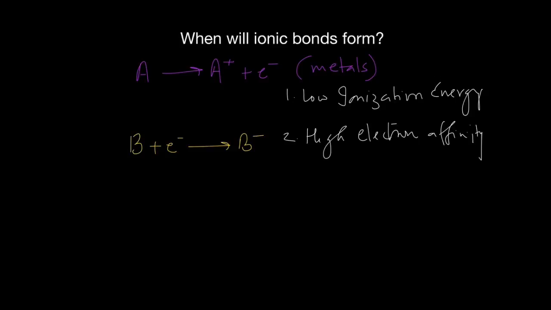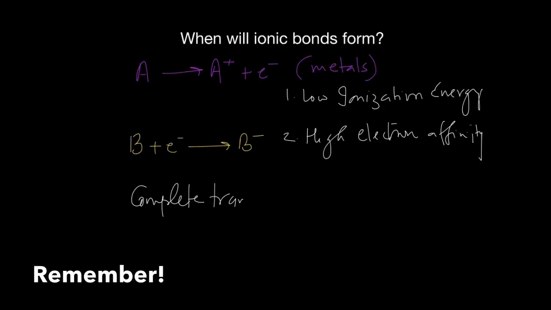Electron affinity means how much you want that electron. Alright, now what we see here is that the electron from A has travelled to B. That is, there is complete transfer of electron from one species to another. Right?